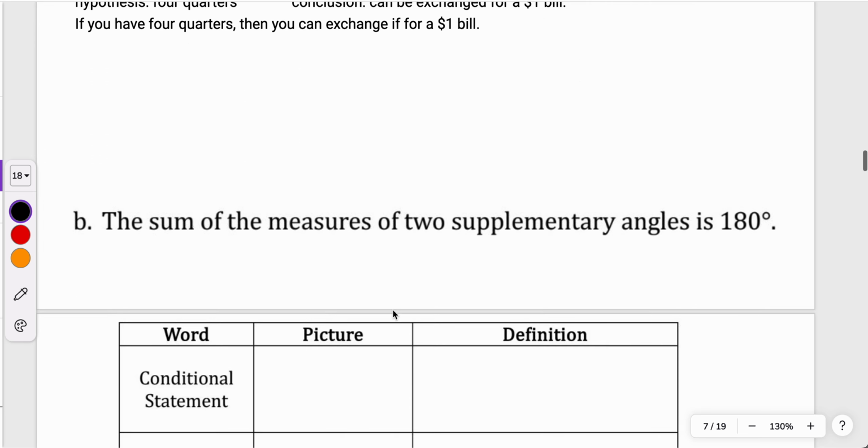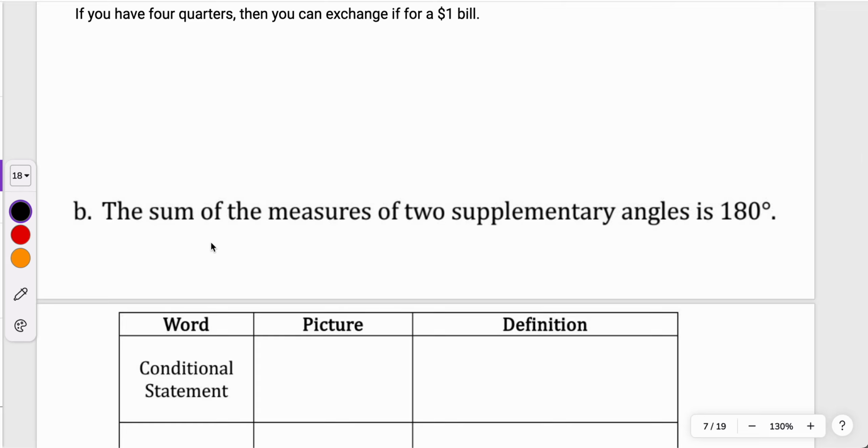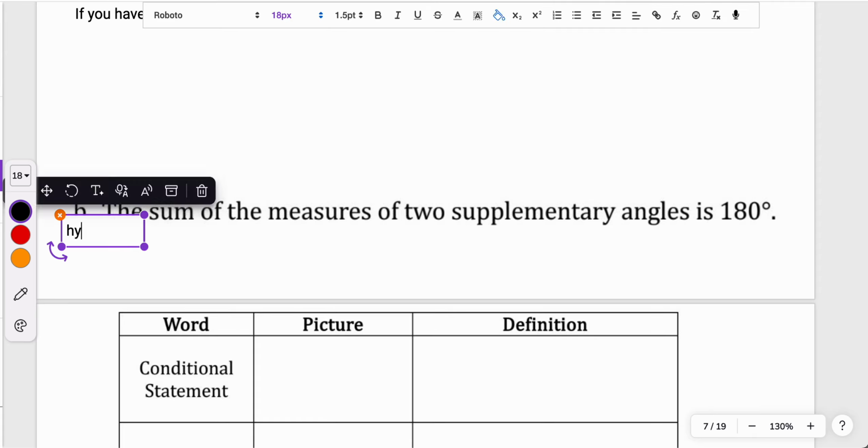There you go. Letter B, the sum of the measures of 2 supplementary angles is 180, okay? So, the hypothesis is the sum of 2 angles measuring 180 degrees.